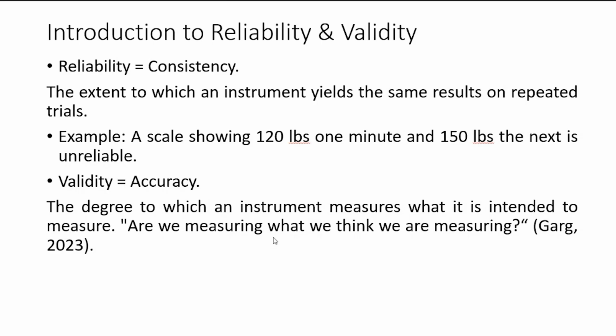For instance, for us that are nurses, if you are using a weighing scale to take the weight of a patient, and you get, let's say, 10 kg, then you ask the patient to step down from the weighing scale and climb again, and you get the same result, that is what reliability is all about: consistency.